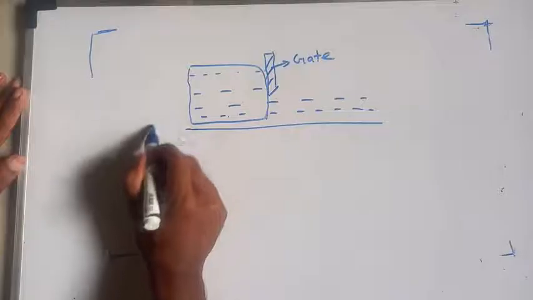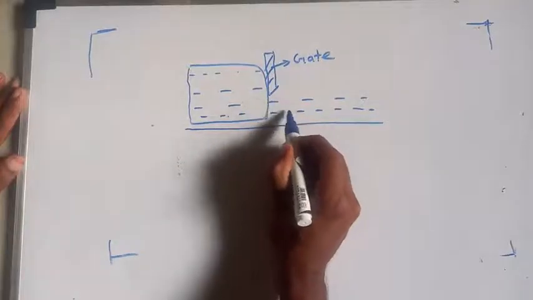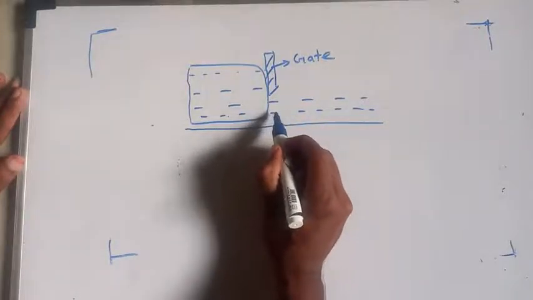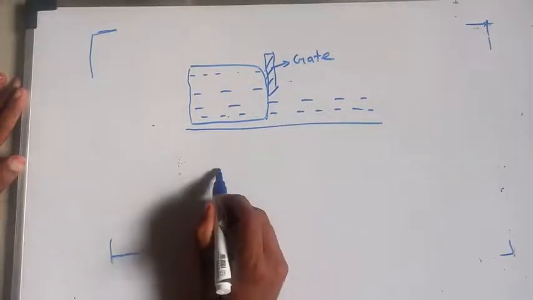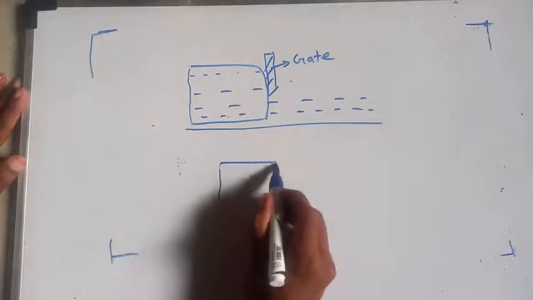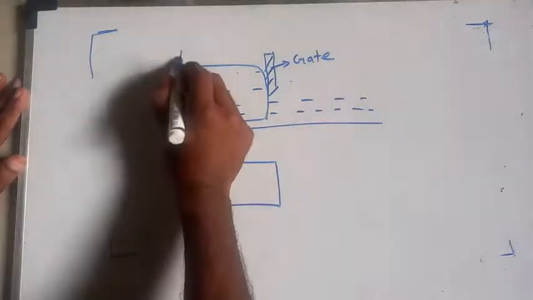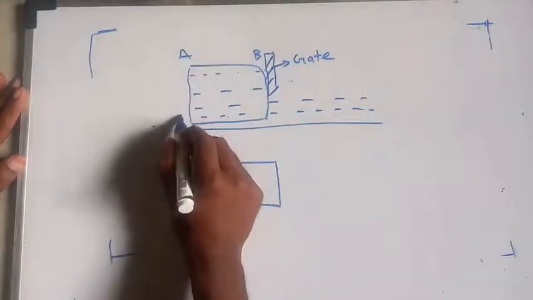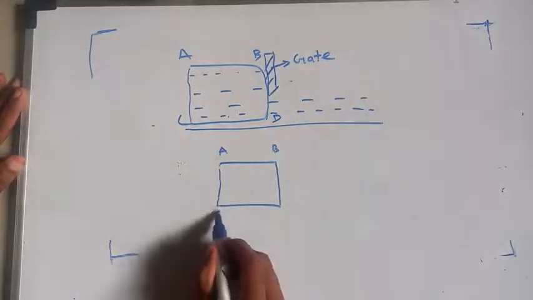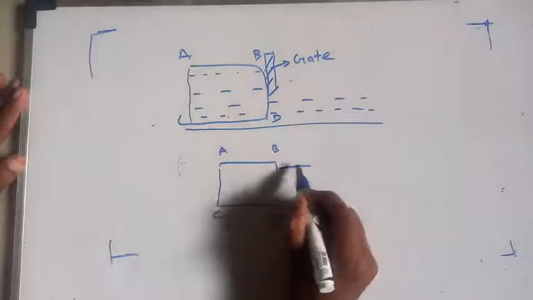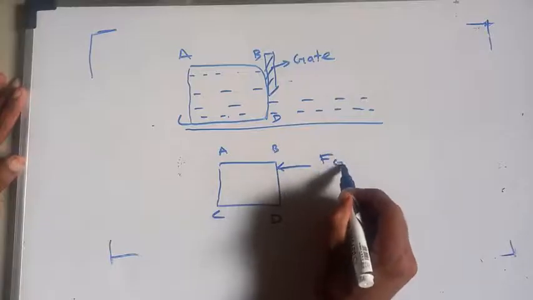Here hydrostatic force will be here. Here also hydrostatic force due to water. Then forces from gate. So if I am taking this control volume, this is force from gate.